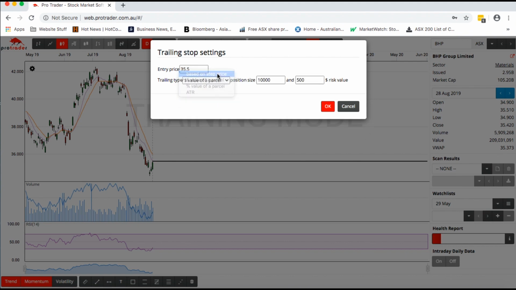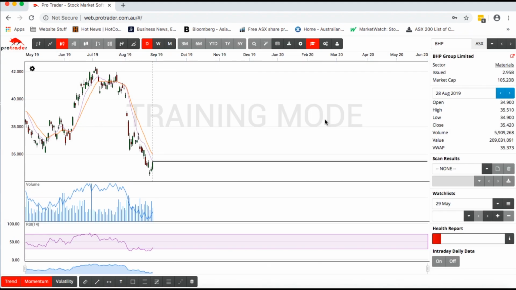I like to use this based on a step price. Please also understand that the whole software is designed to be able to be replicated on your online trading account, your online trading platform. It's very important to understand that the ProTrader software is a tool to be used in conjunction with your online trading account. It's not used to replace it.